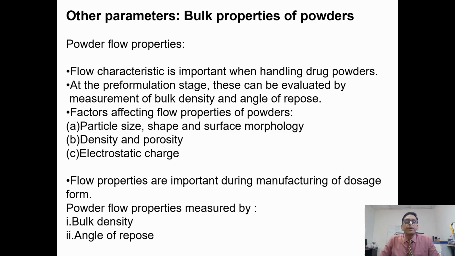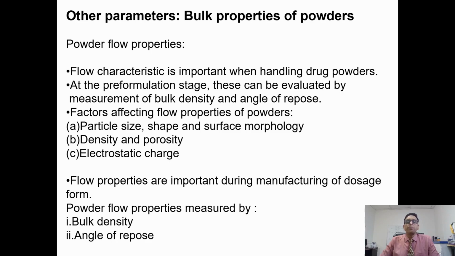Under the bulk property studies of powders, the first characteristic is the powder flow property. Flow characteristics are important when handling drug powders, because at the preformulation stage we evaluate the powder flow property based on two parameters.